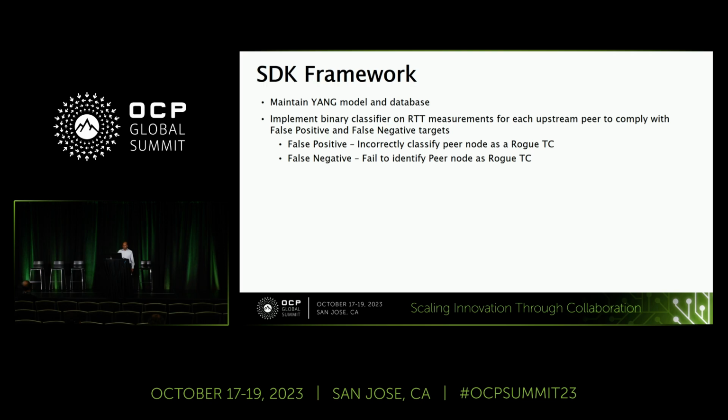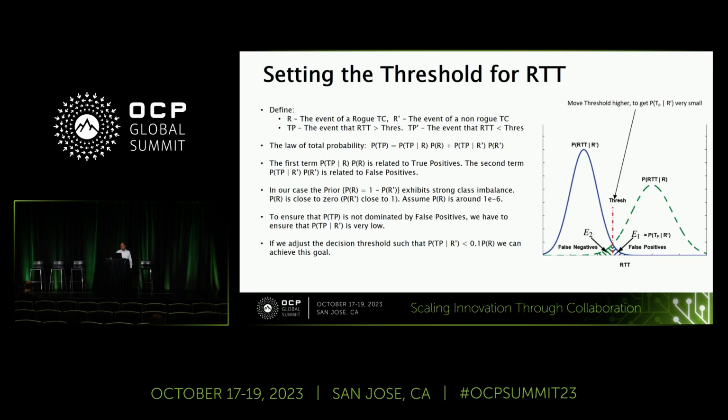So one comes at the expense of the other, and one has to make a careful decision of how to tune the detector so that it achieves the false positive rate that we want, making sure it doesn't generate too many false alarms, while making the false negatives low, or the probability of detection as high as possible.